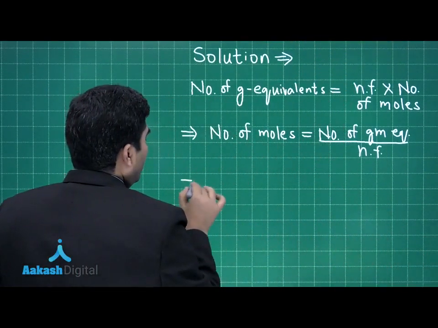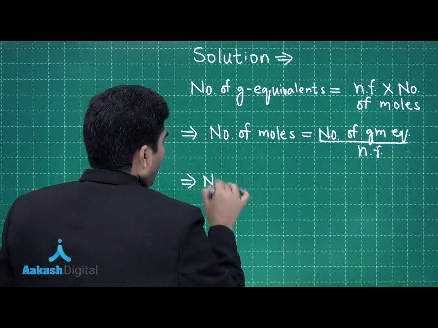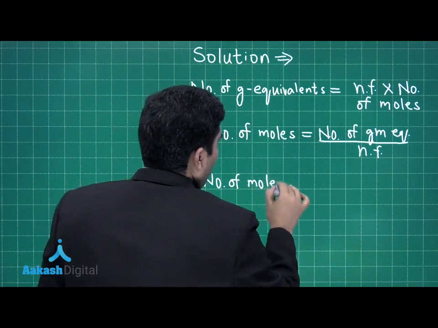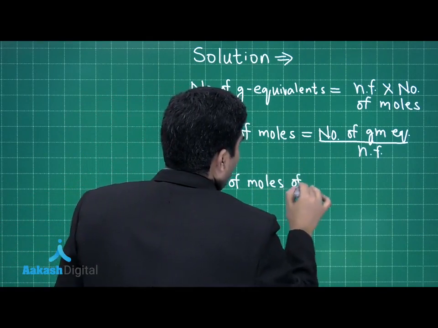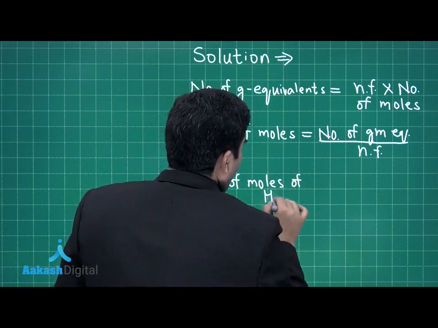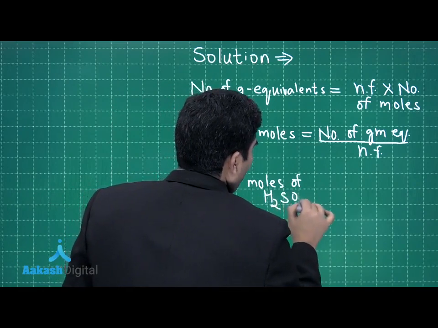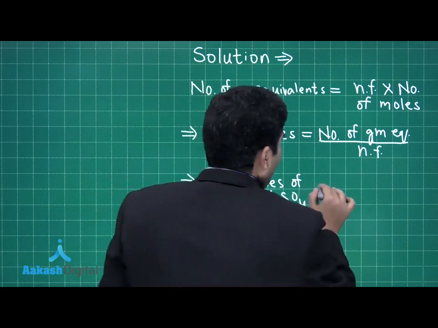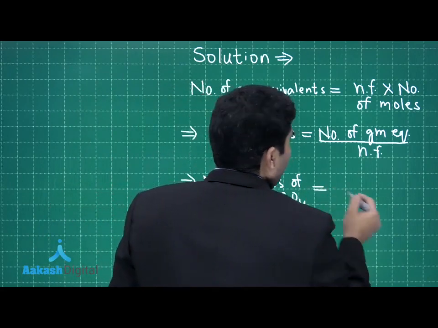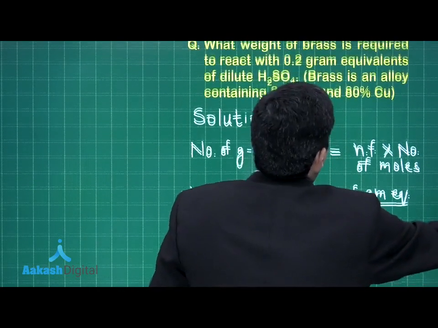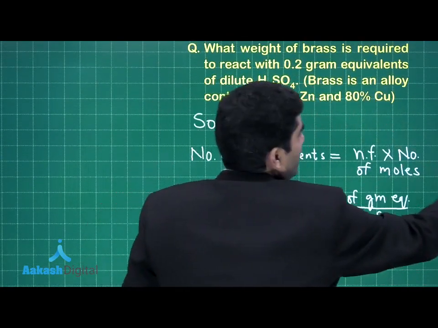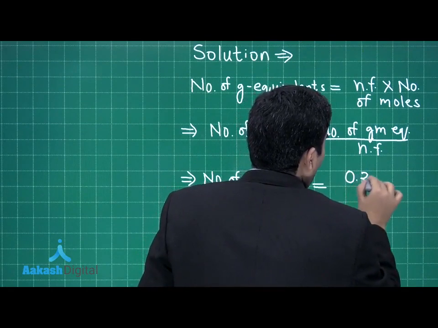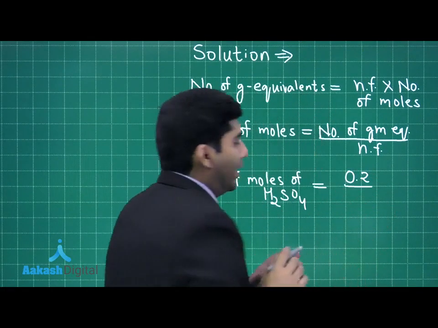Okay, now if we talk about the number of moles of H2SO4, so we have to find out the number of moles of H2SO4. That will be equal to the number of gram equivalents that's given to us, that is 0.2 gram equivalents, divided by the n factor of H2SO4.